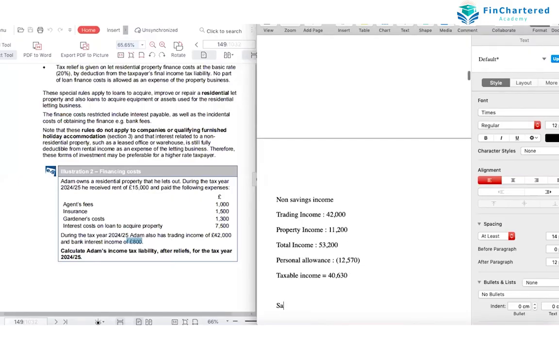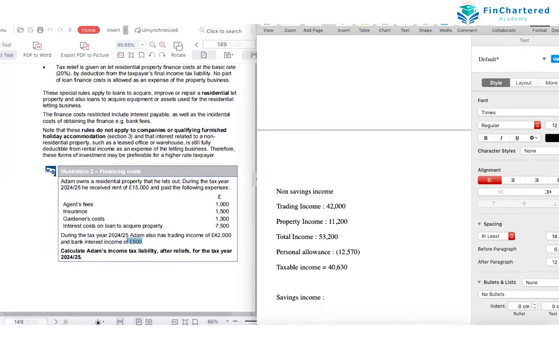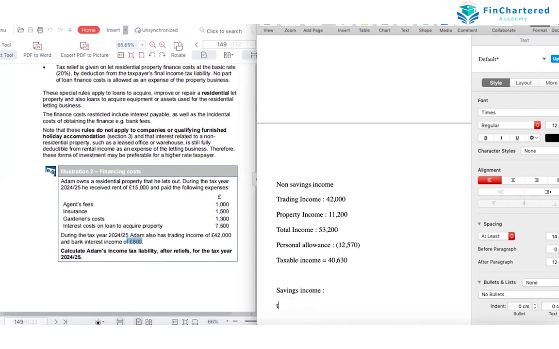What about your savings income? We've calculated this in an earlier chapter. You have a savings income of 800. Again, there is no personal allowance here because personal allowance has entirely been exhausted. So the taxable income here will be 800. There's nothing new here. So you have 40,630 plus 800.